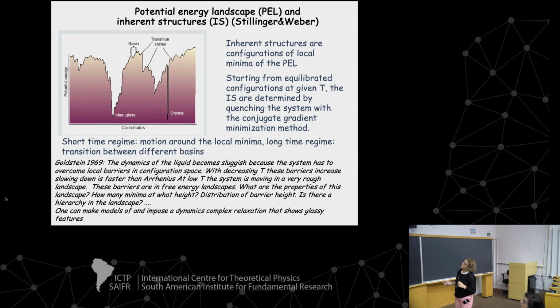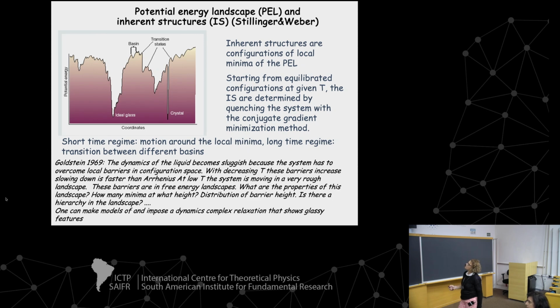So when you get stuck here, you are heading to the ideal glass, to the ideal glass transition. If you get stuck here, you might see aging, because in this region you can see some phenomena of aging. And you start from an equilibrated configuration, and then you quench the system. And you can use, for example, the conjugate gradient minimization method that will take you to the ideal glass.